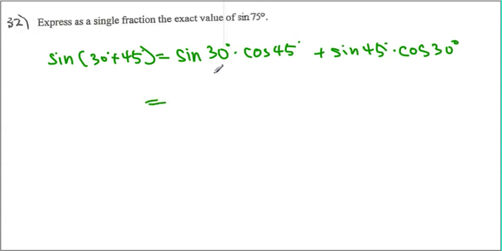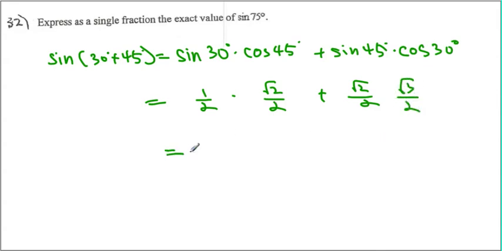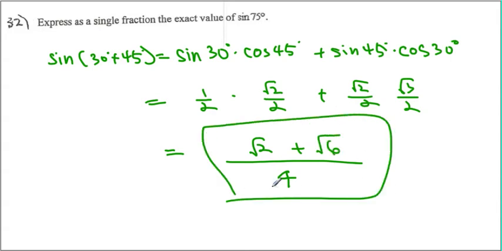Now then let's look at it. Sine of 30 becomes 1/2 times square root of 2/2, plus square root of 2/2, and then the last one becomes square root of 3/2. Then what happened? Denominator becomes 4 in either way. On the first part we have square root of 2, plus second part we have square root of 6, and that becomes our answer.